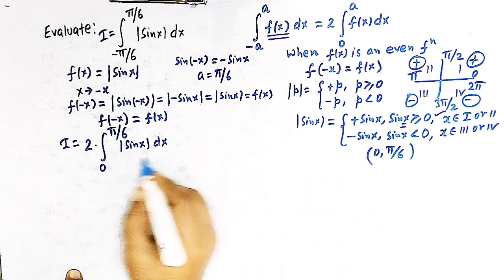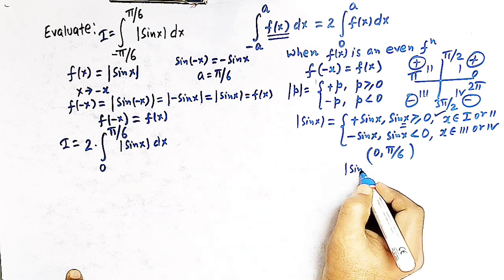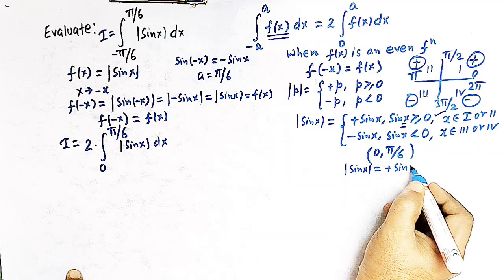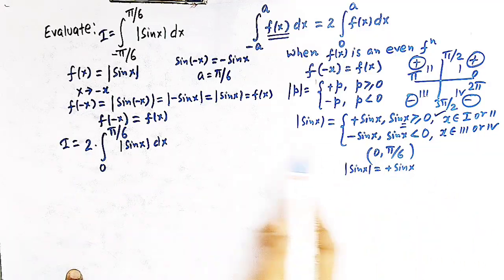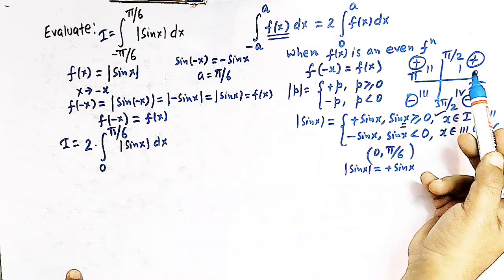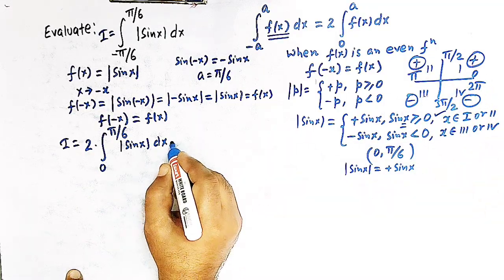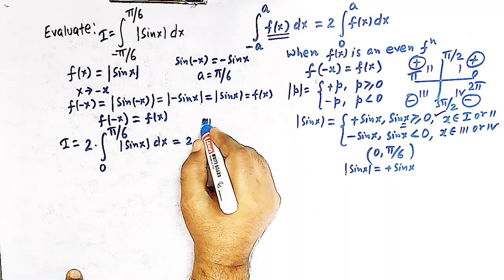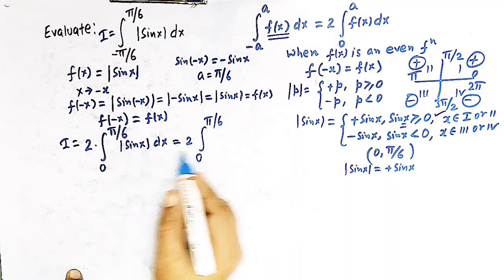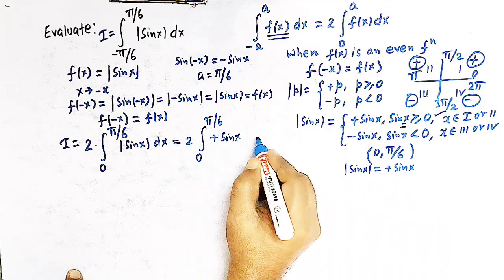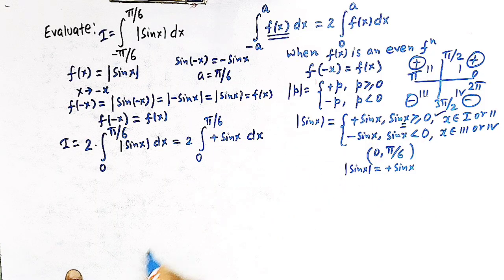So we can now simply write mod of sin x is equal to positive sin x, as x belongs to the first quadrant, right? So we have now 2 times the integral from 0 to pi by 6 of sin x dx, right?